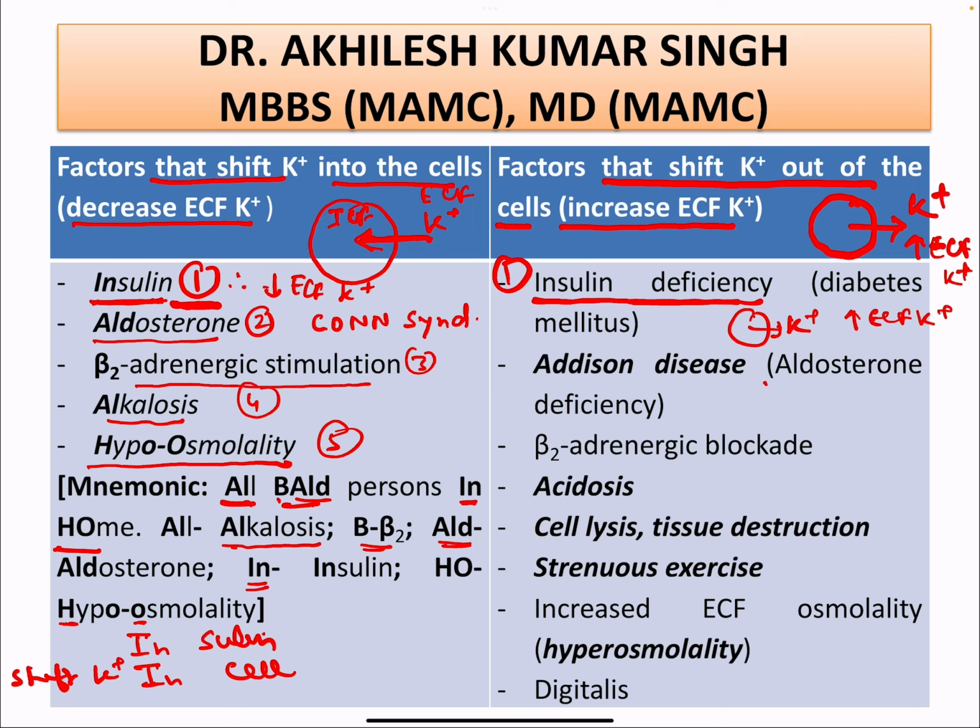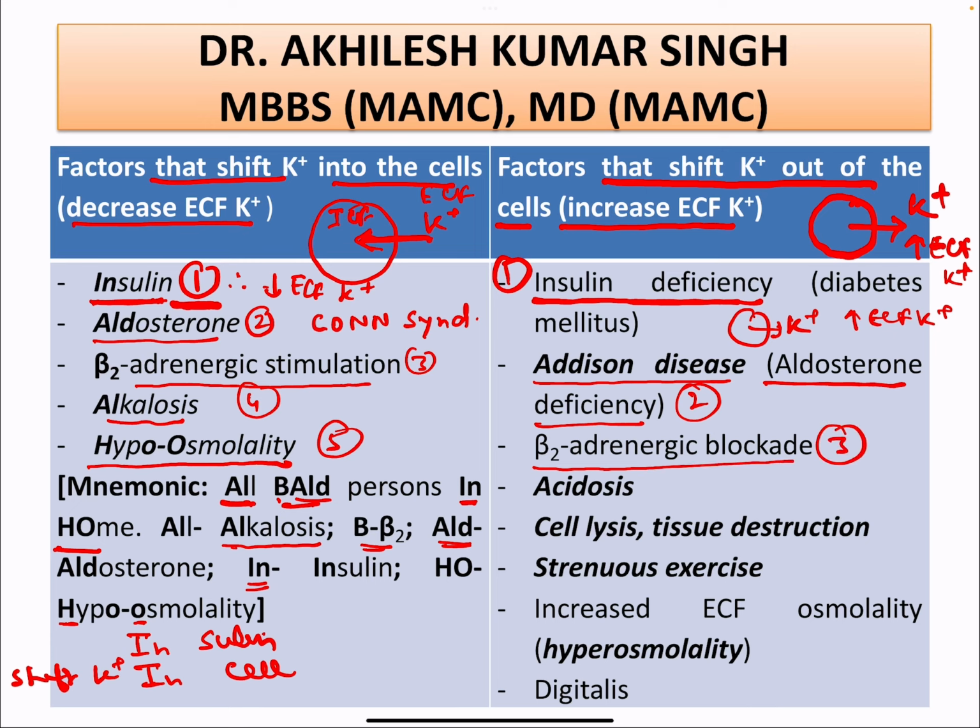Other one is aldosterone deficiency, which is also called Addison disease. Addison disease is the primary hypoaldosteronism. So Addison disease, where there is aldosterone deficiency, is the second factor which will lead to increase in the ECF potassium. Then the third one is beta adrenergic blockade.